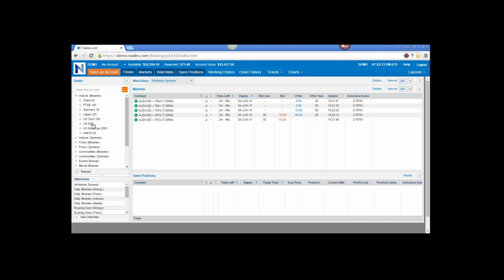These bottom 4, US Tech, US 500, small cap, and Wall Street, those are the US stock indexes, okay? Which is the Dow, the S&P, the NASDAQ, and the Russell. And those 4 there have the 20-minute binaries offered on them, okay?